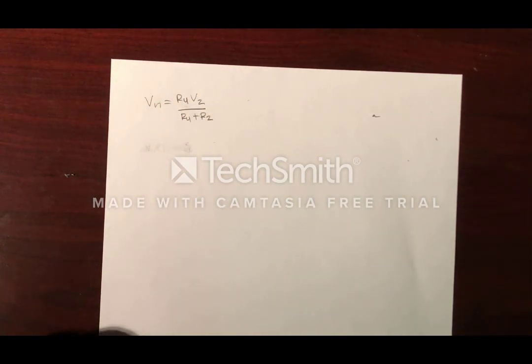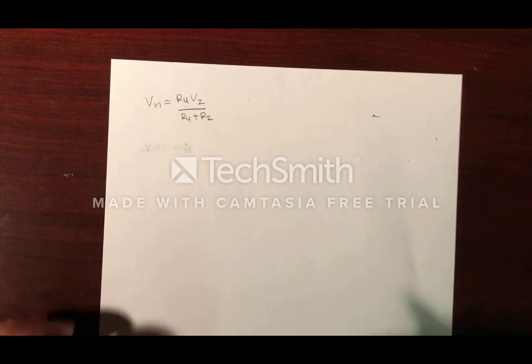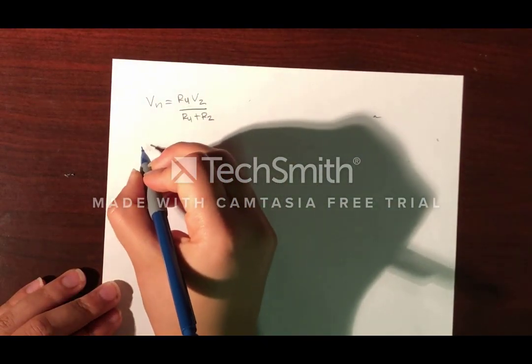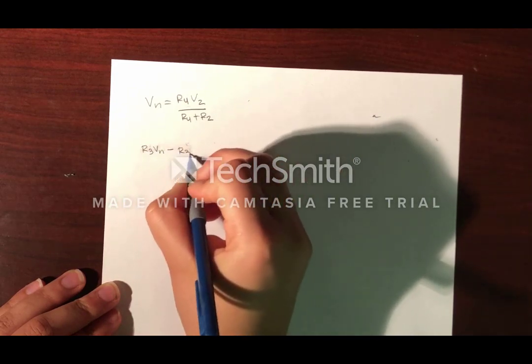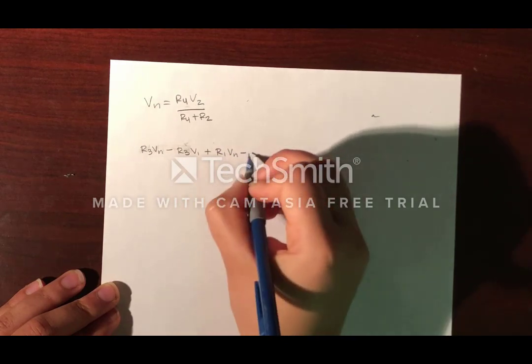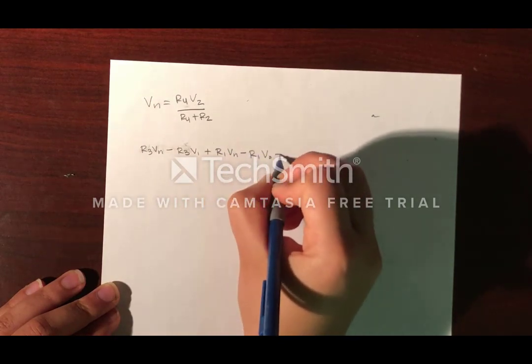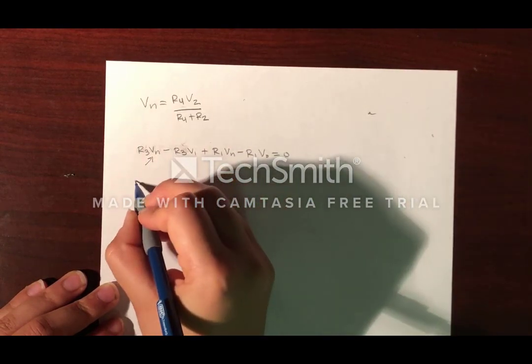Just like in the first part of solving this, we will use equation 1 and we will equate the denominators in the same way. This will give us R3 times Vn minus R3 times V1 plus R1 times Vn minus R1 times V out, all still equal to 0. We will solve for this Vn term.